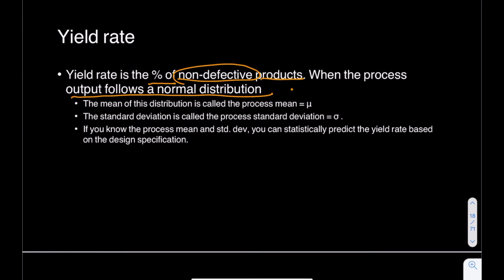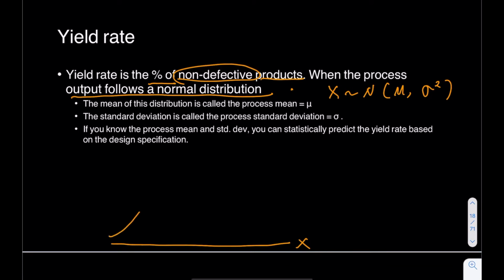This means when you produce a product and measure an output, whether it's depth or width or whatever, let's say that is X. X may have many different values because X follows a normal distribution with average mu and standard deviation sigma, and graphically we can describe this output of the product using a normal distribution curve like this.